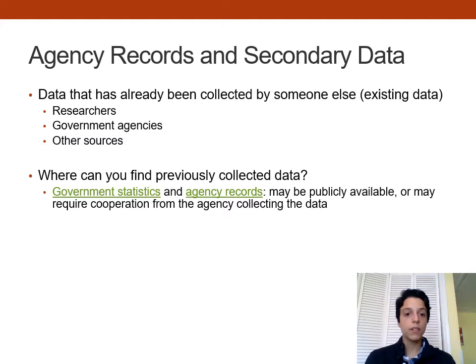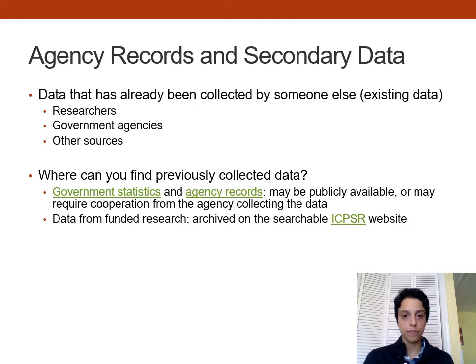And then some government statistics or agencies will require cooperation from the agency collecting the data. So for example, you can't generally just go to a police department or a prison and look at their website and download information about the people they're in contact with. You kind of hope that's not the case for a lot of them, but depending on what sort of research you're doing, you can often partner with an agency to get access to its data.